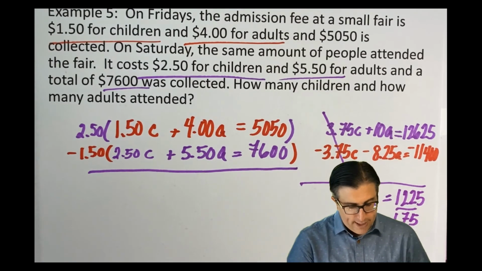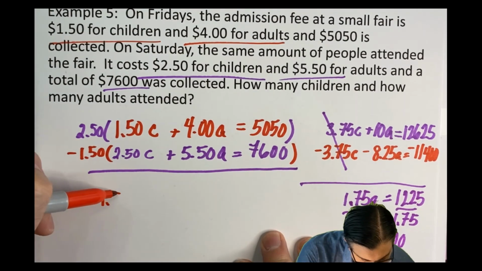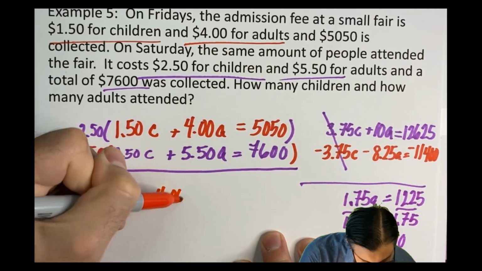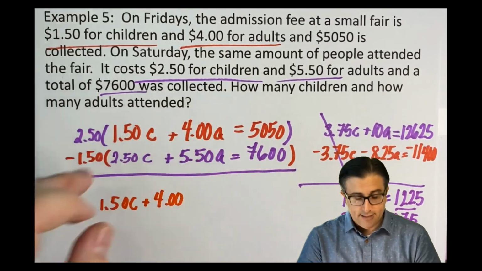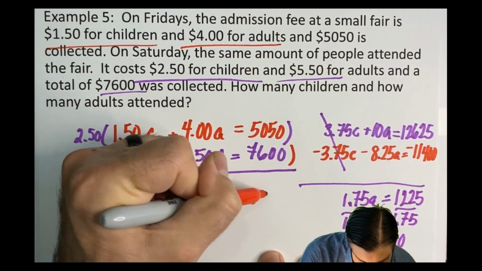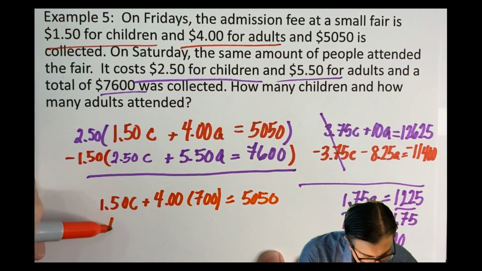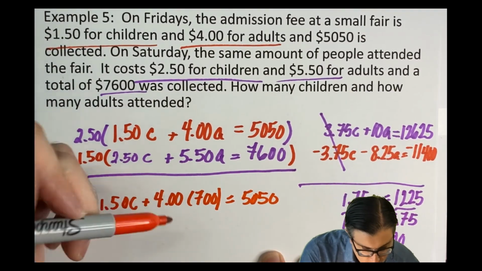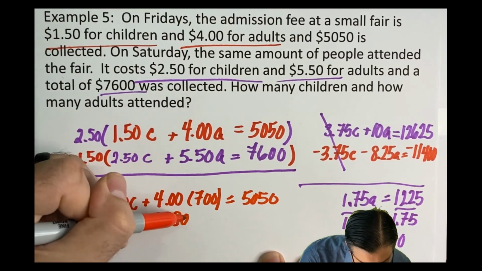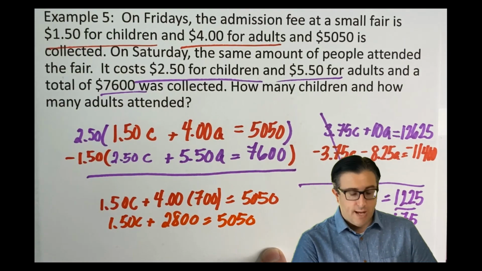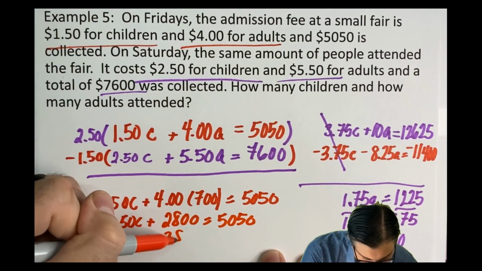I now pick the equation, and I'm going to pick the first one. 1.50C plus 4.00A, but instead of A, I know A is 700, and that equals 5,050. 1.50C plus $4 times 700 is 2,800 equals 5,050. I'm at a two-step equation. Subtract 2,800.